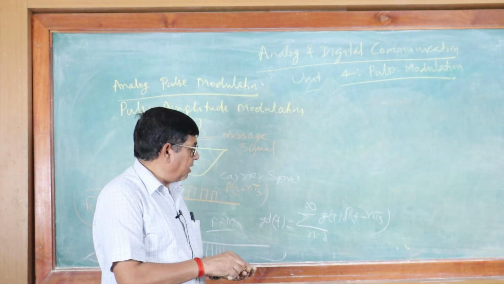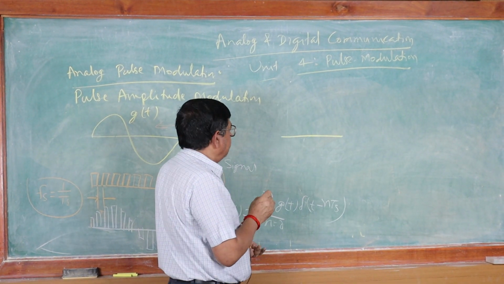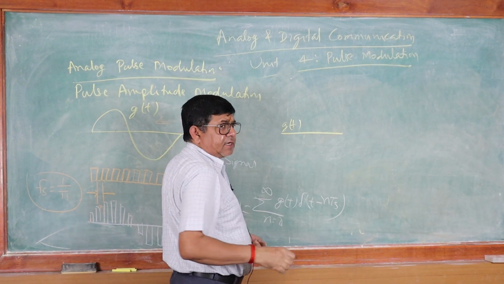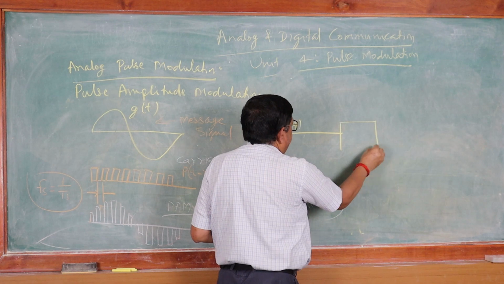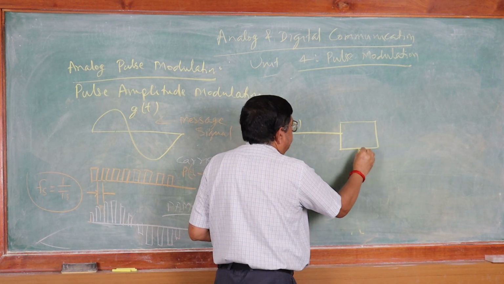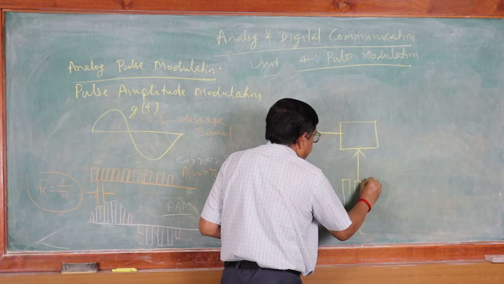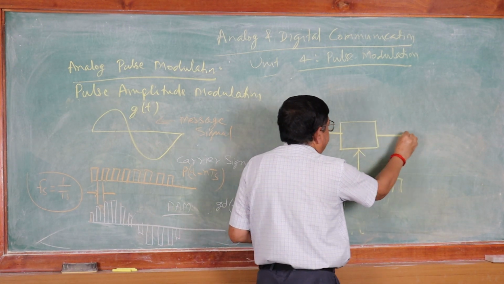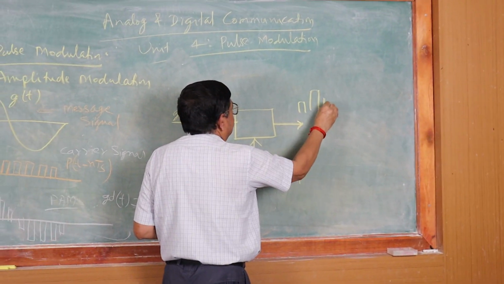Okay, better. So what is the circuit for this? Normally we take this here. This is g(t), the continuous time signal, and here is a modulator. Here we give a sampled pulse train, and when we combine them here, we get a pulse amplitude modulated signal.